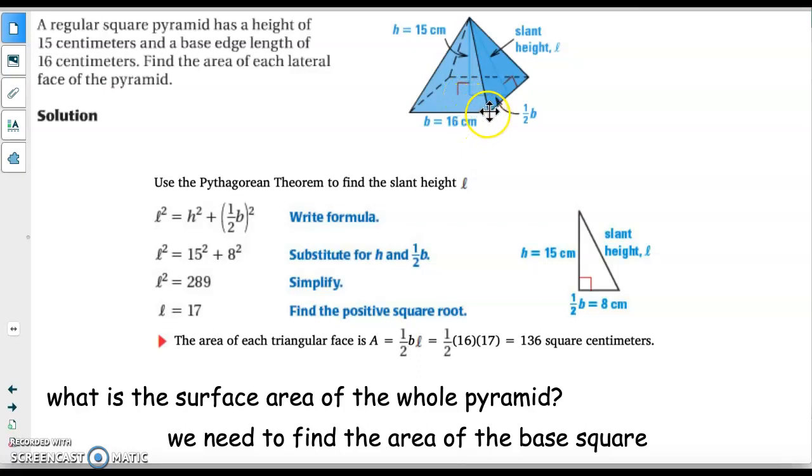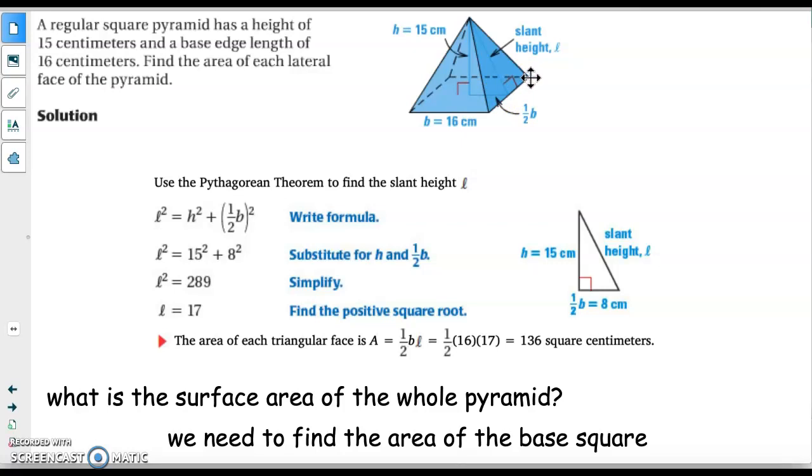They also tell us that the base edge, so this distance from one corner of the square to the other, is 16 centimeters. And they're asking us to find the area of each lateral face, meaning each one of these triangles.